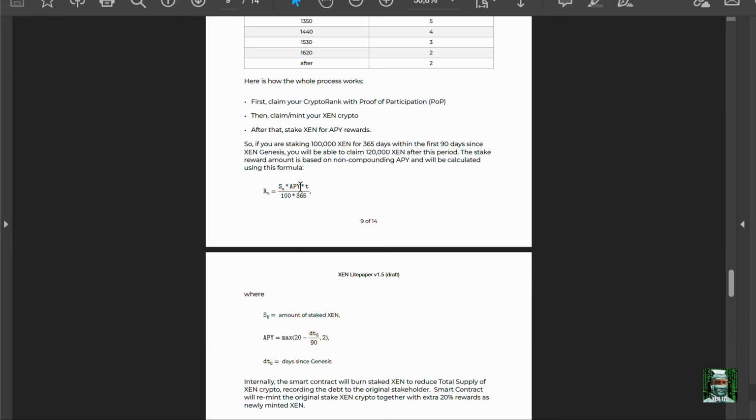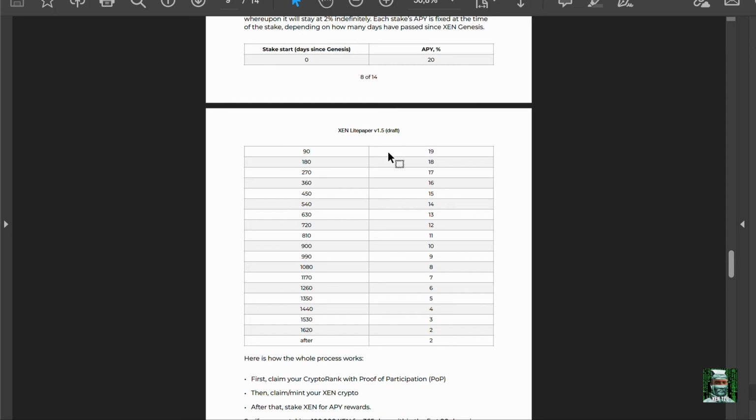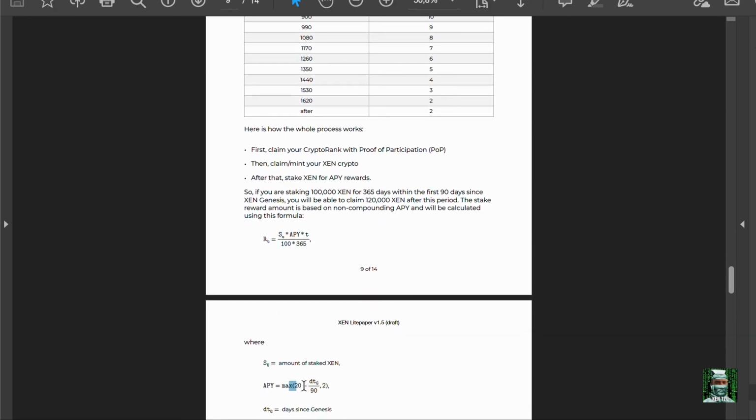The APY here is the max of 2 and the start APY of 20 minus the days since Genesis divided by 90. So after 1,620 days from Genesis of the protocol, the staking reward is going to be 2% in perpetuity.